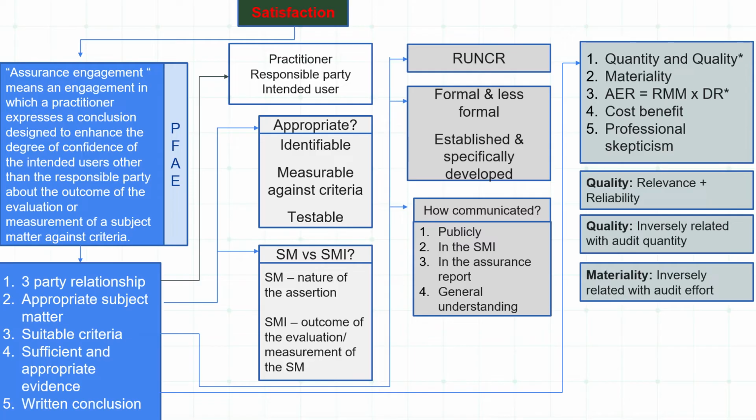Another thing that will affect the extent of our evidence gathering is assurance engagement risk. Now, assurance engagement risk is the risk that a practitioner gives an inappropriate conclusion on a subject matter that is actually materially misstated. And with this, we recall the assurance engagement risk model, and that is, of course, the risk of material misstatement multiplied by the acceptable level of detection risk.